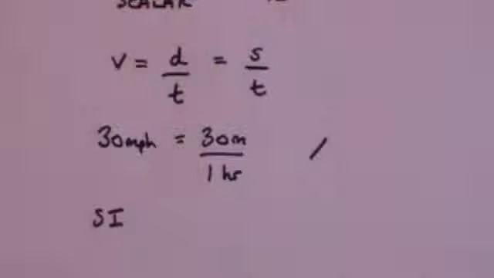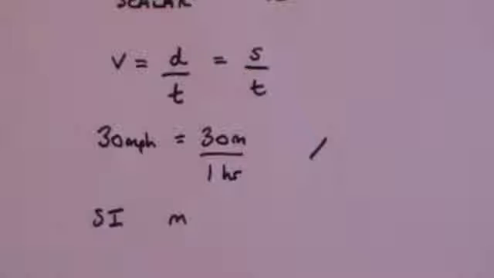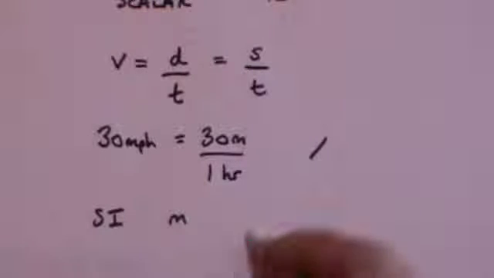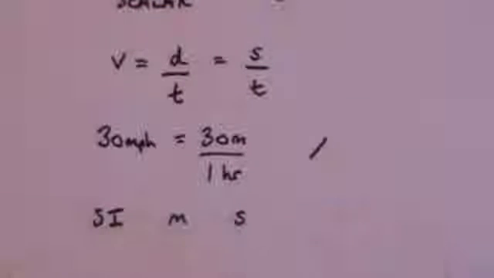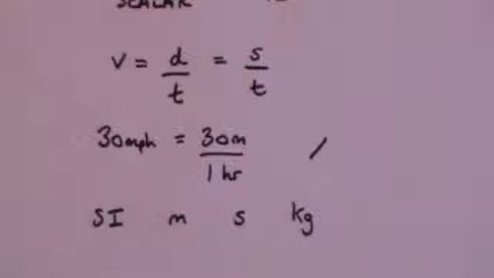So we use a standard, which is called the Système International, the standard form of measurements. And for our purposes, distances are measured not in miles but in metres. Time is measured not in hours but in seconds. And masses, which we'll need to see, are measured in kilograms. There are other units, but these will do us for the time being.